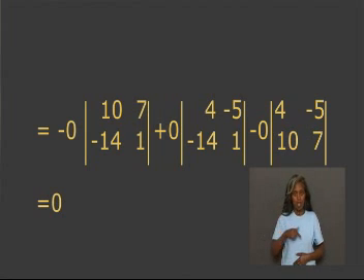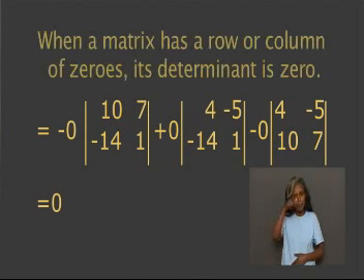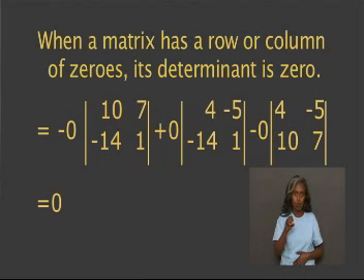Our determinant is 0. That must mean that if a matrix has a column or row of zeros, its determinant must also be 0. We have discovered one of the universal properties of determinants. Well done, students.